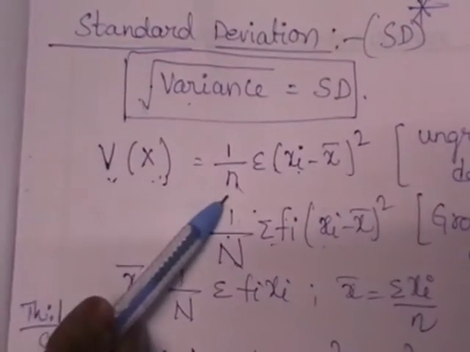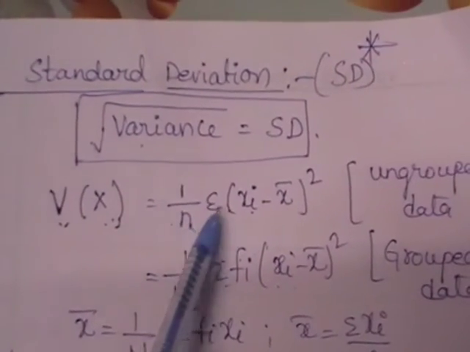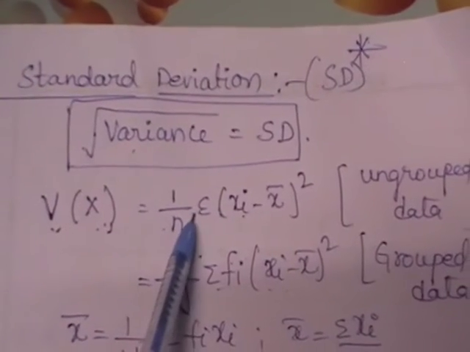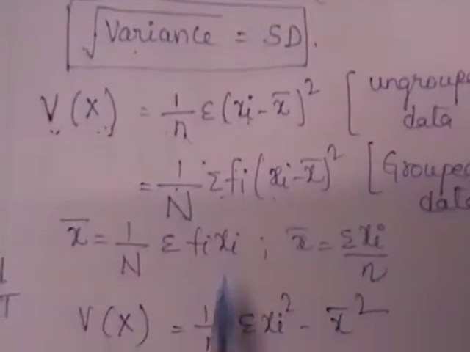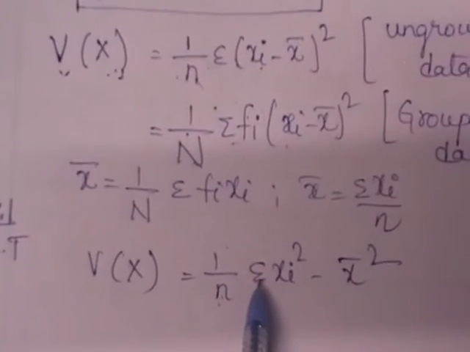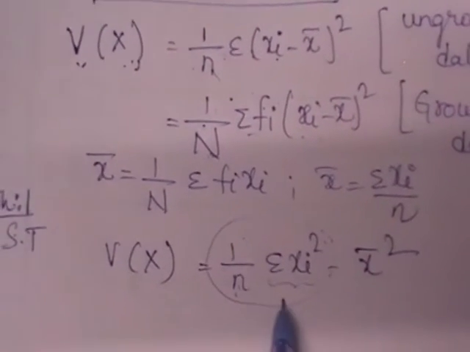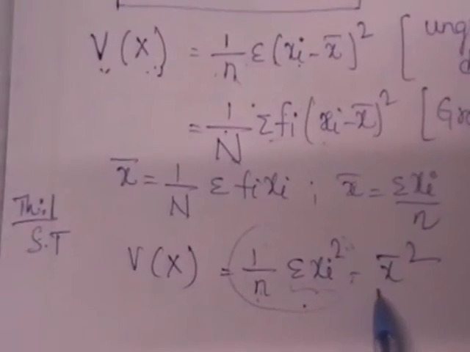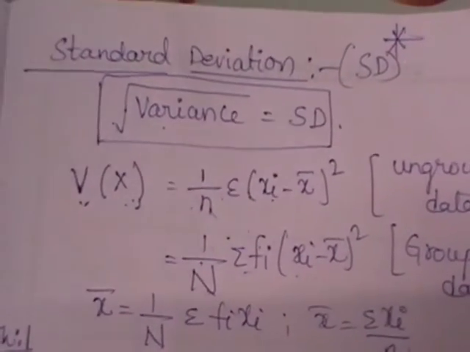Variance of x is, we wrote the formula 1 by n sigma xi minus x bar whole square. This is equivalent to 1 by n sigma xi square minus x bar square. If you observe here, the sigma and 1 by n are only for the first term. So this is the original formula, and you need to derive an equivalent formula for variance of x in this way.